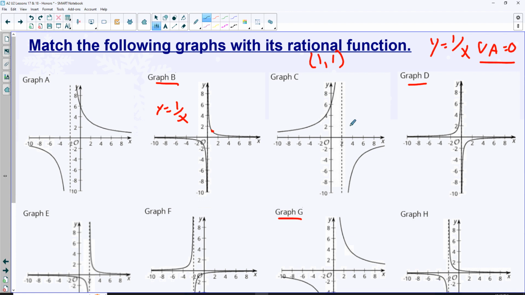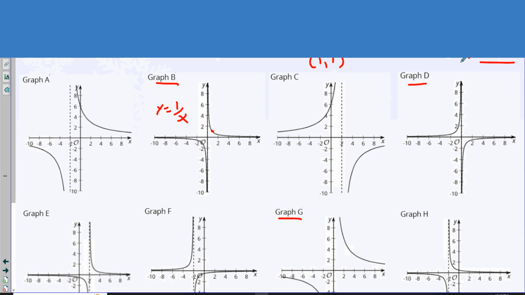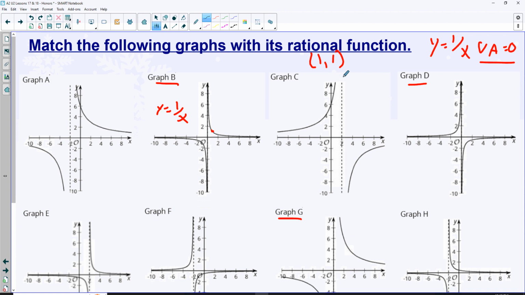Okay. Another reason why graph D is not correct is because another way to think about it is if you were to take the function and put in just a big positive number, okay? So let's erase this here. What happens if I just pick a general positive number?